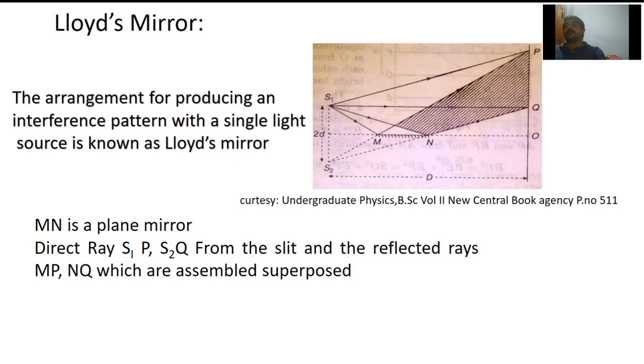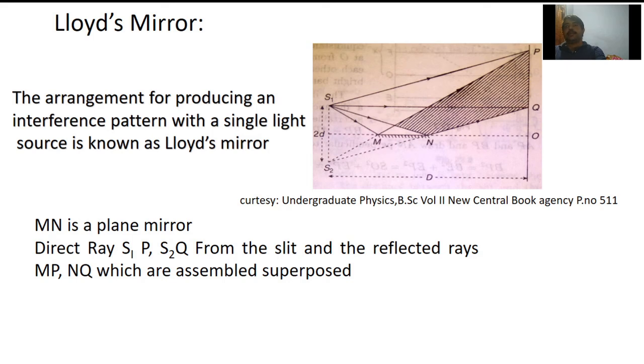of the mirror. Here the light ray from S1 falls on the plane mirror and the reflected ray reaches the point P. Another ray is incident on the plane mirror, gets reflected and reaches the point Q. These two reflected rays, produced in the backward direction, meet at the point S2.